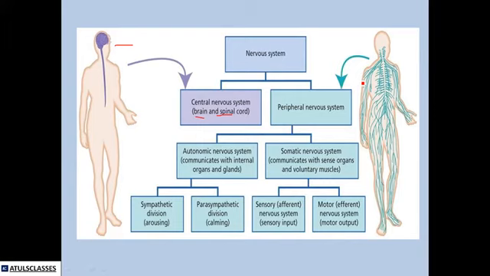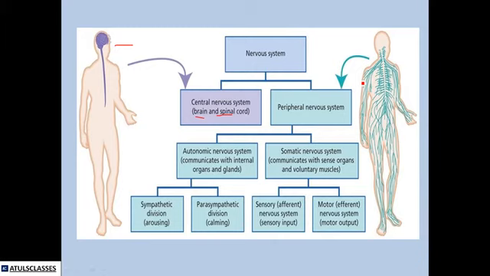Sympathetic is arousing, and parasympathetic is calming. If one part stimulates, another part will inhibit; one part will make it faster and one part will make it slower.